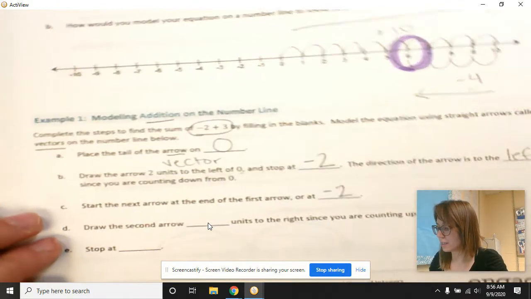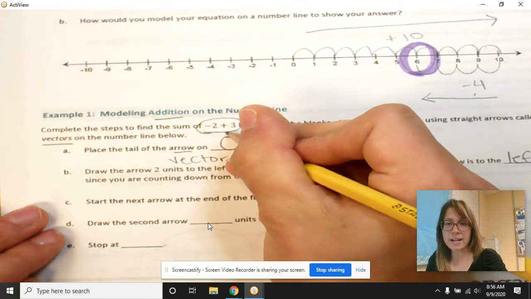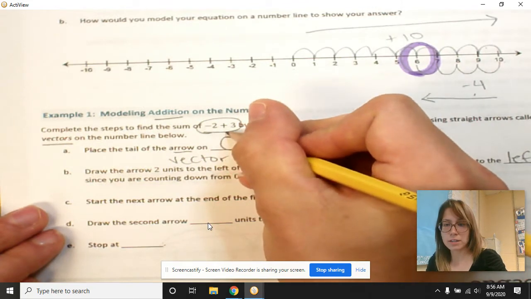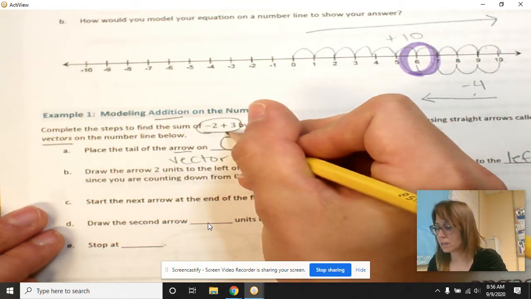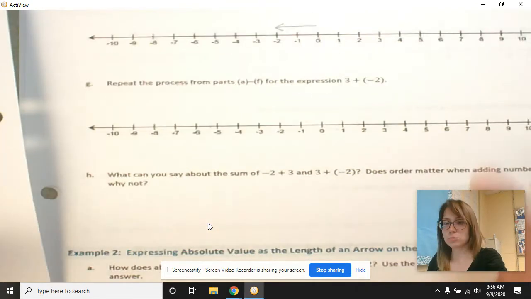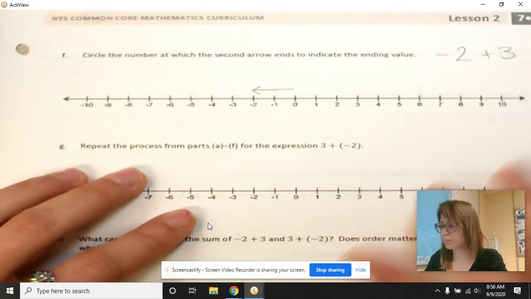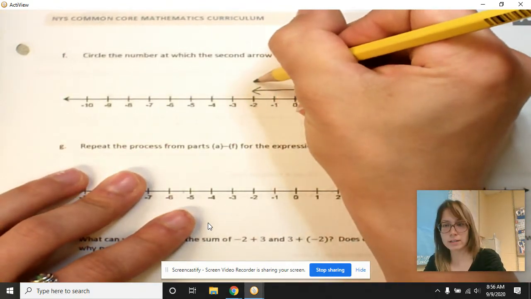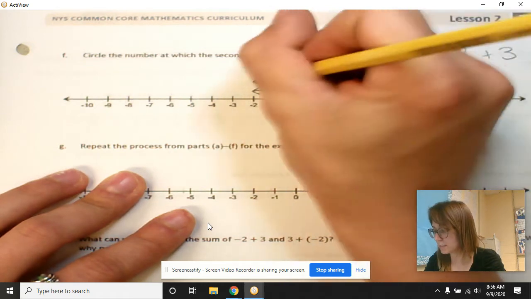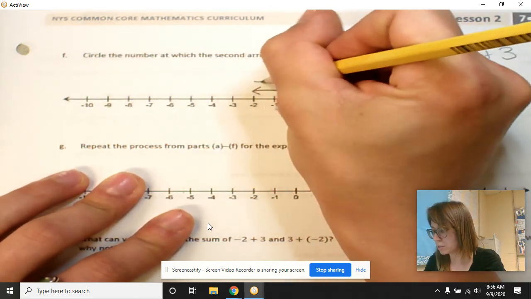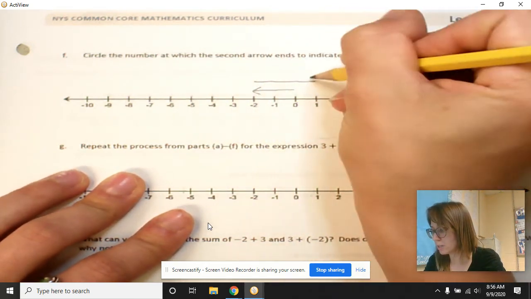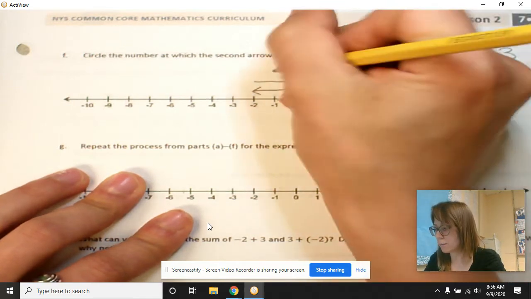And if we are adding 3, I want you to think about where we're going on the number line to add a +3. We come over to our number line, start our arrow right here at the -2 where we stopped last, and then add 3: 1, 2, 3, going to the right because we're adding a +3.